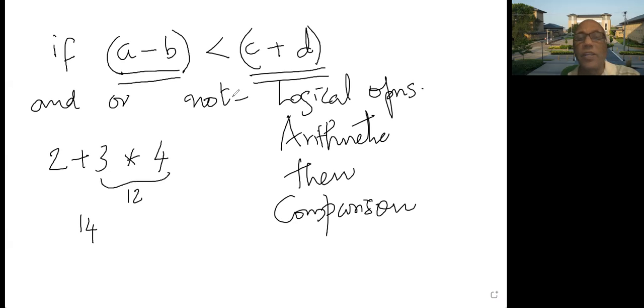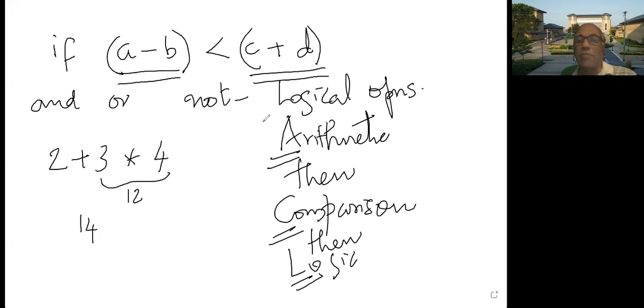So here, arithmetic will be done first, then all the comparisons will be performed, then we will perform logic. So A, C, and then L. I sometimes think of it in alphabetical order. Arithmetic, A is coming first, right? Then C, comparison. L comes much later, which is logic, right? So I think of it like A, C, L.